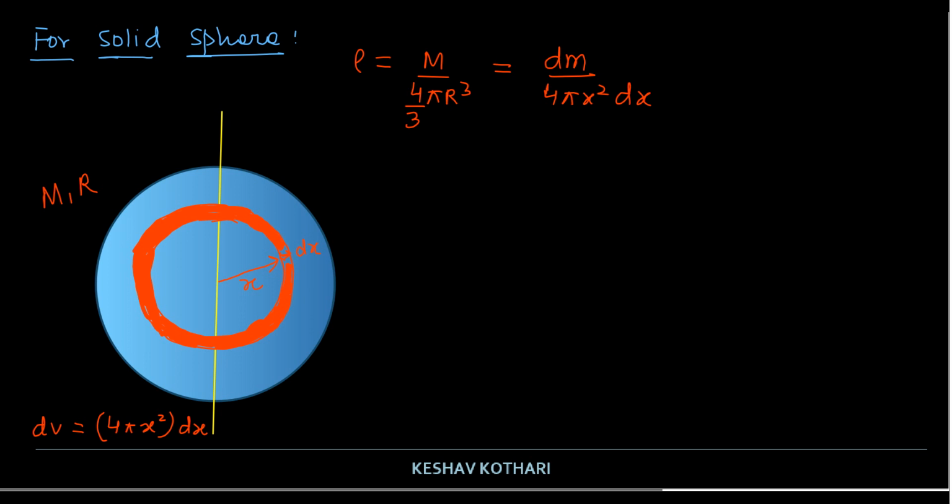And from here I can write that dm is turning out to be 3m upon 4 pi r cube into 4 pi x square dx. That is, I can write that dm is equal to 3m x square dx upon r cube.